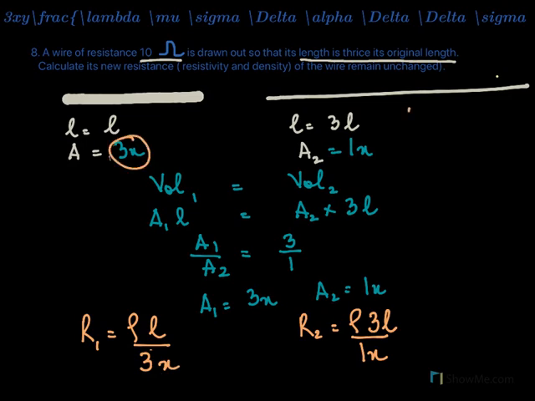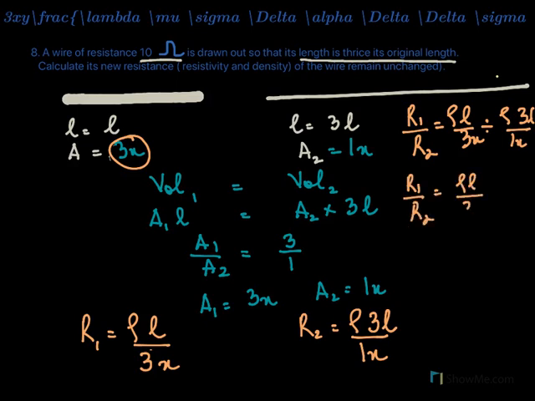Now I'll do R1 by R2. R1 divided by R2. My R1 is rho L over 3x divided by rho 3L over 1x. So R1 by R2 is rho L over 3x, the division becomes multiplication, 1x over rho 3L. If you cancel everything, R1 over R2 becomes 1 by 9.